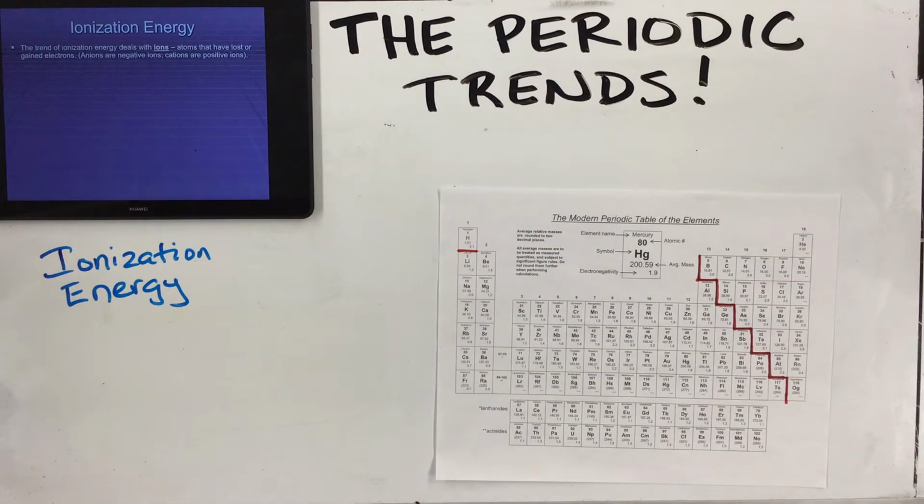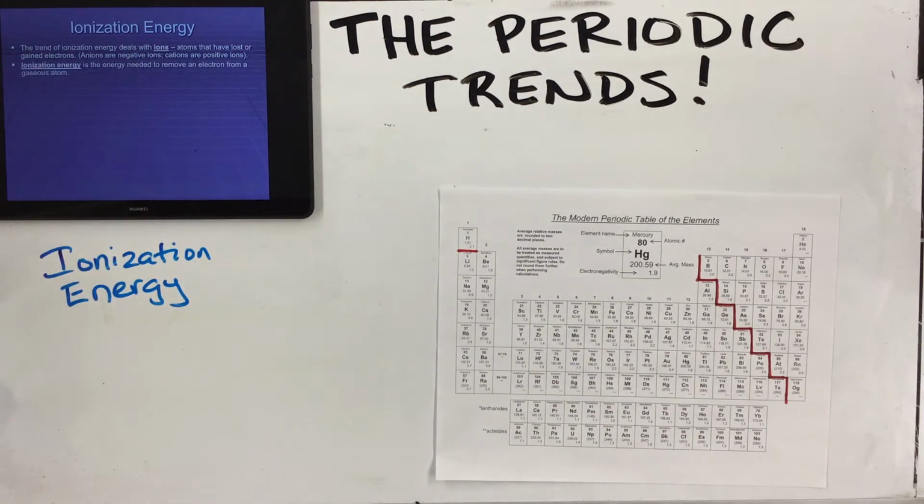If you remember, ions were atoms that either gained or lost electrons because they were battling with other atoms to get their stable octet, that full valence or outer shell. If an ion gained electrons, it became negative and we called it an anion. If the ion lost electrons, it became positive and we called it a cation. So keep that in mind as we go through this.